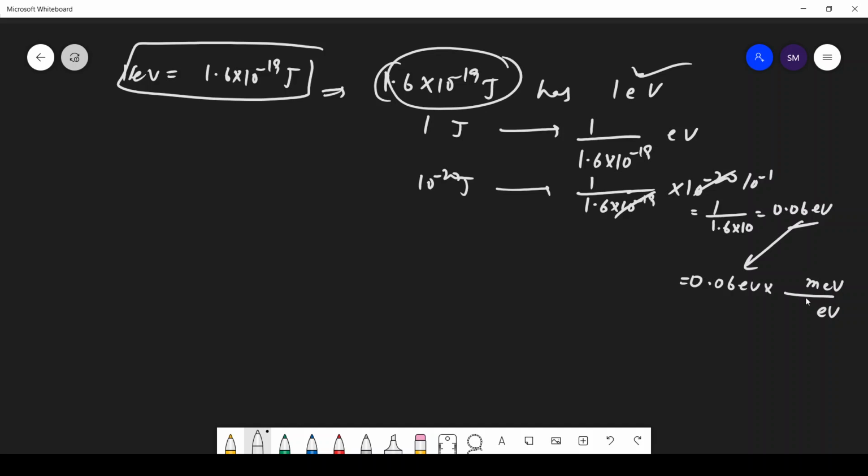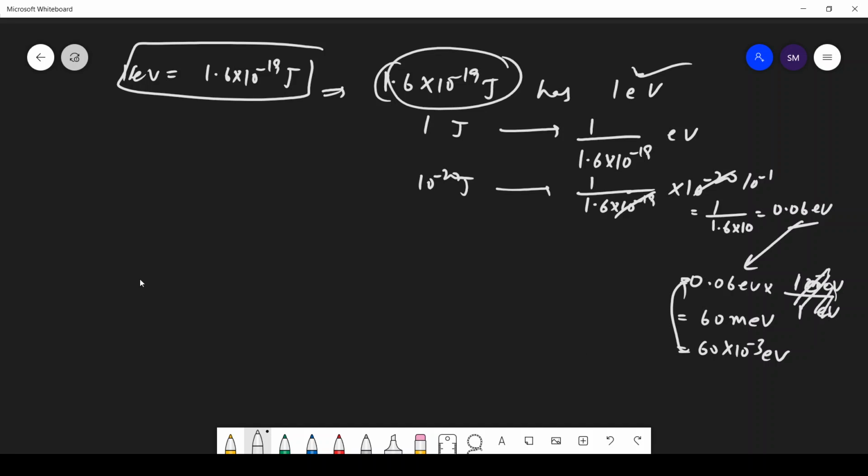So what is the relation between them? 1 milli electron volt has 10⁻³ electron volt. So 1 electron volt is equal to 10³ milli electron volt, right? You can go back by replacing milli with 10⁻³ and we'll go back to this.